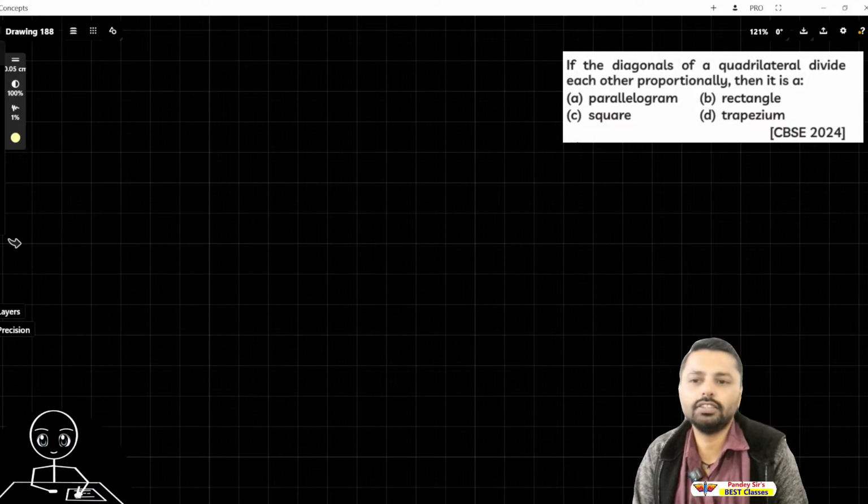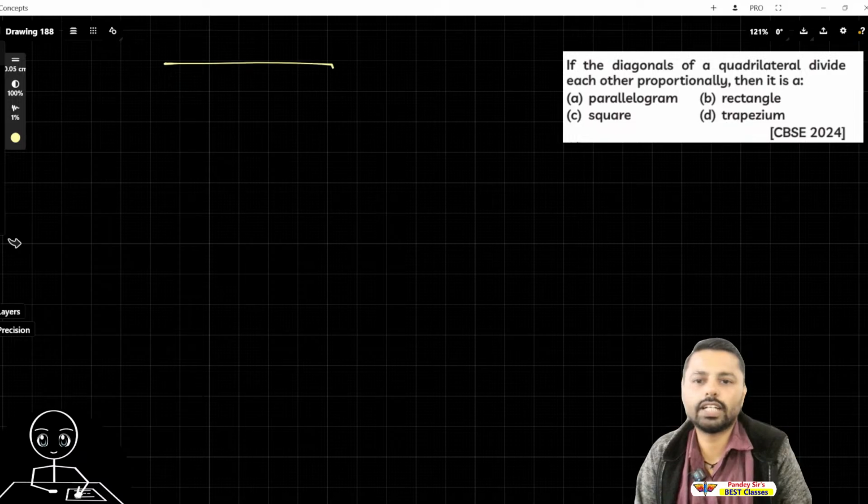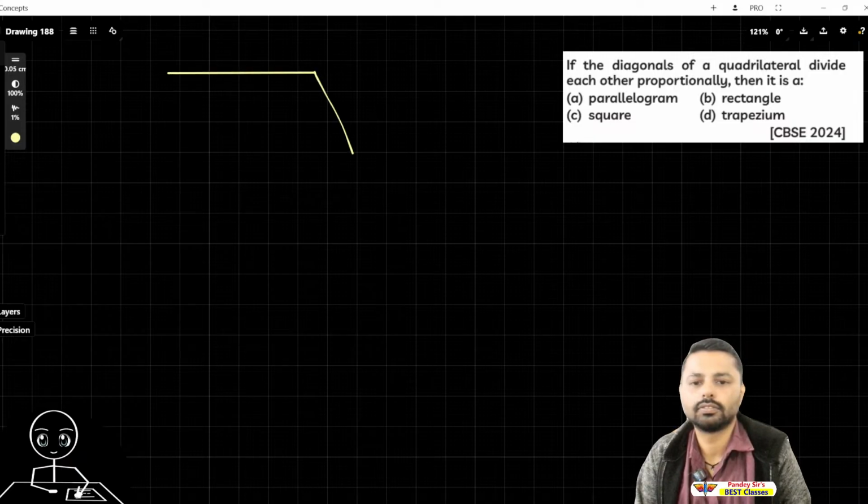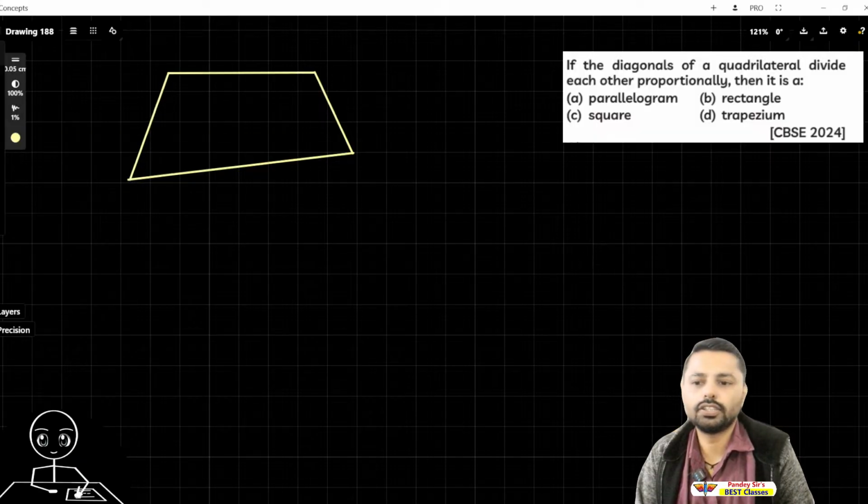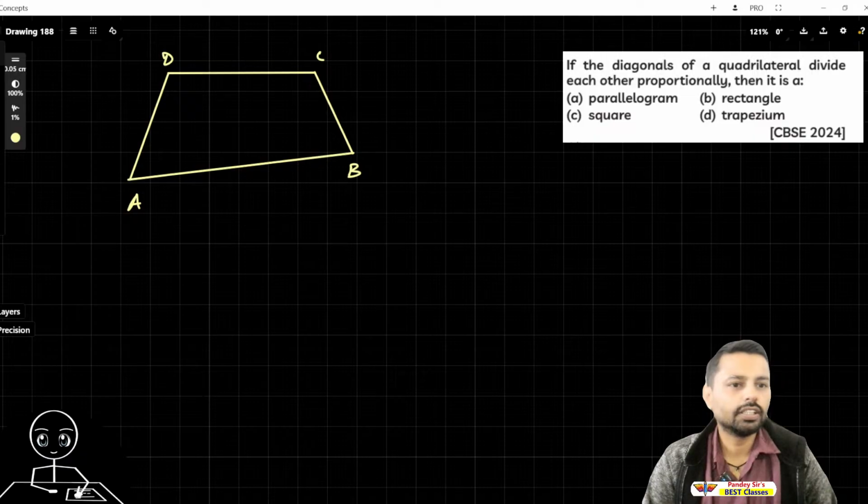Let's have a quadrilateral, a random quadrilateral. I'm trying to make it as random as possible. Let's call it A, B, C, D. And they said the diagonals of the quadrilateral divide each other proportionally.